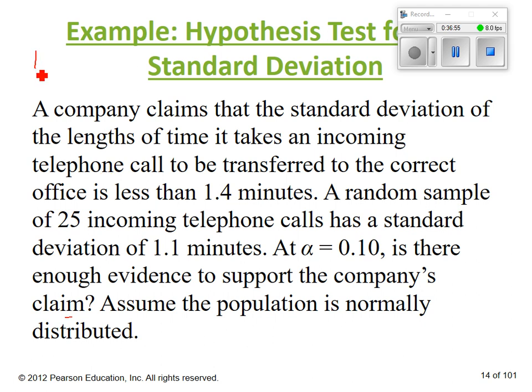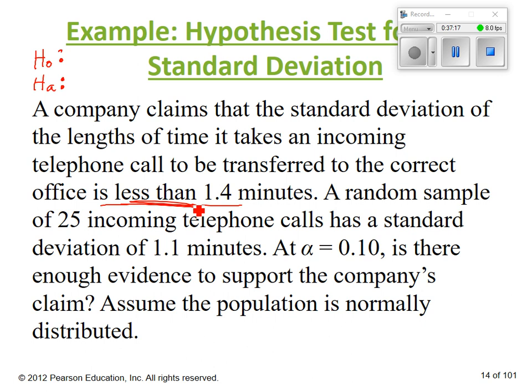So again, first thing we're going to do, HO and HA. Their claim this time is transferred to the correct office is less than 1.4. So if it's just less than 1.4, that's going to be our HA.